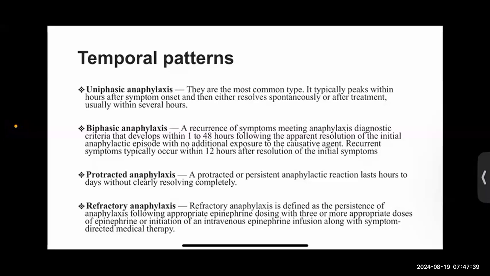The three main domains of anaphylaxis symptoms include the skin and mucous membranes, the respiratory tract, and the GI system, which can usually present with severe abdominal pain and diarrhea, and then hypotension. So the patient is counseled on these manifestations and then taught how to self-inject adrenaline.